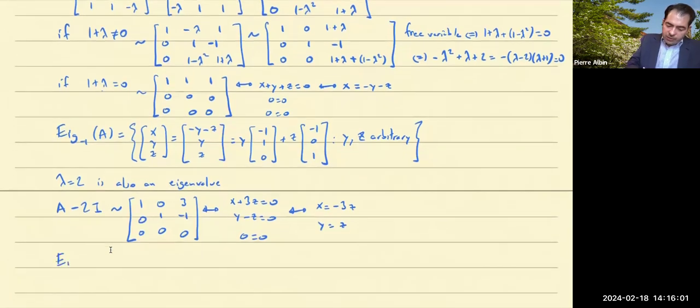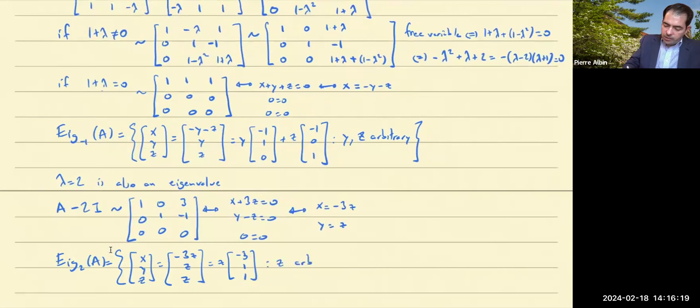So the eigenspace corresponding to 2, right, the set of solutions is all of the x, y, z, where x is equal to minus 3z, y is equal to z, z is equal to z. So that's just z times minus 3, 1, 1 with z arbitrary. Okay, so we found all of the eigenvalues and eigenvectors.